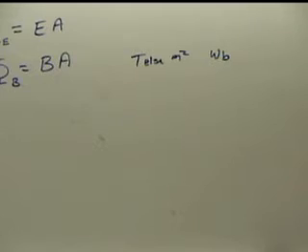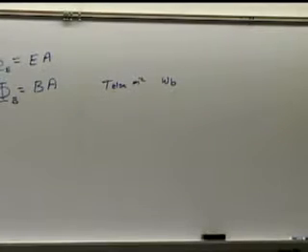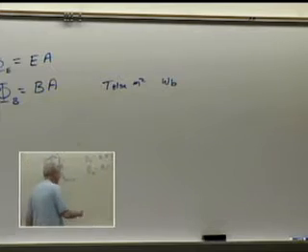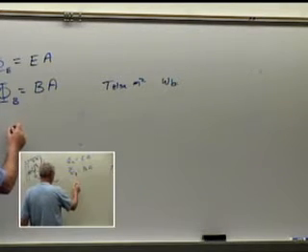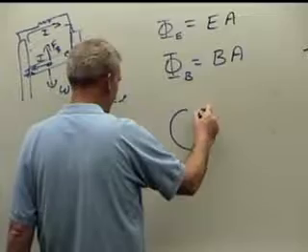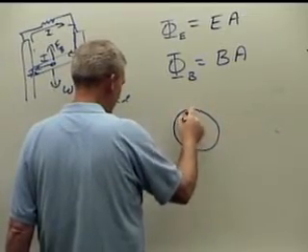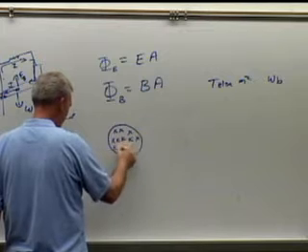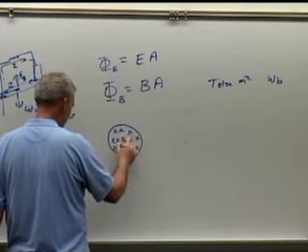Okay? Now, that's kind of important. Now, the key to the magnetic flux is this. I'm trying to make this uniform in this area, this pi r squared area here.